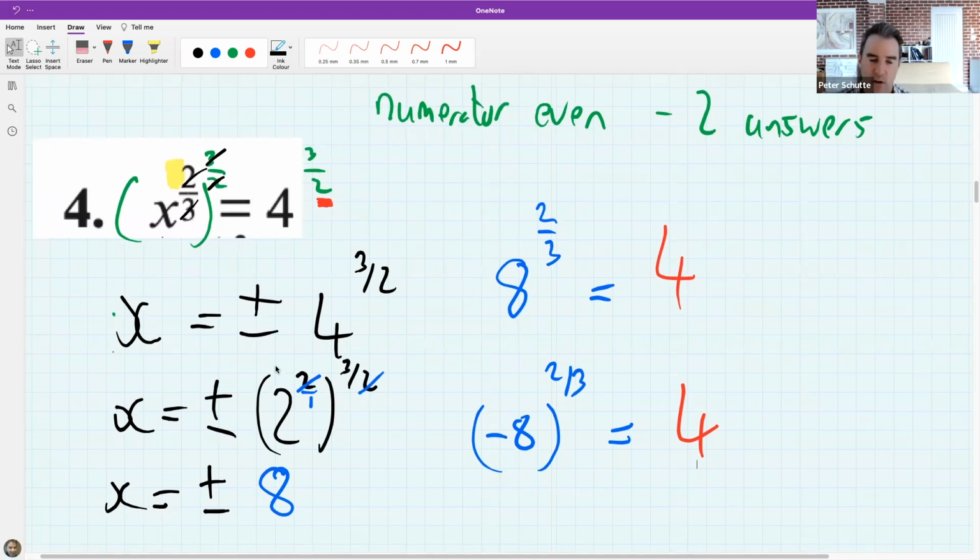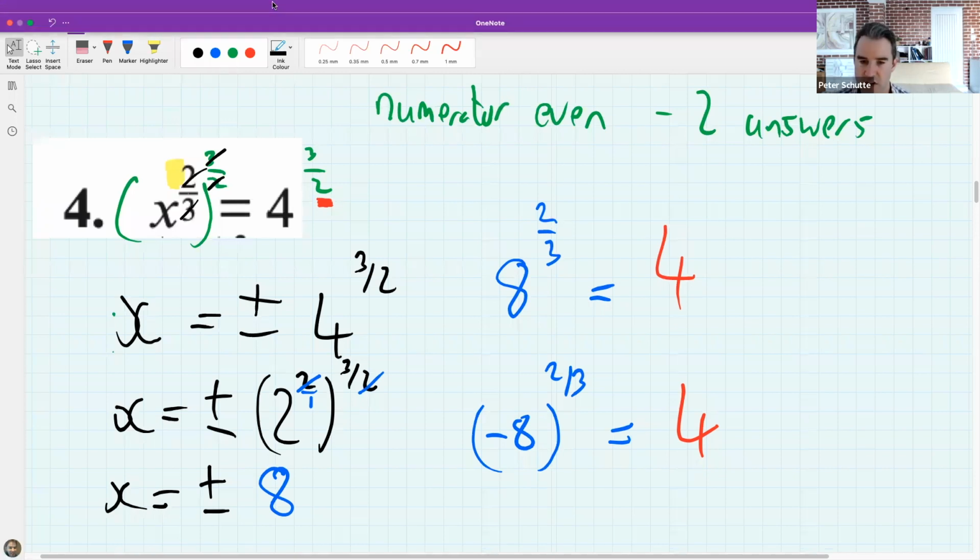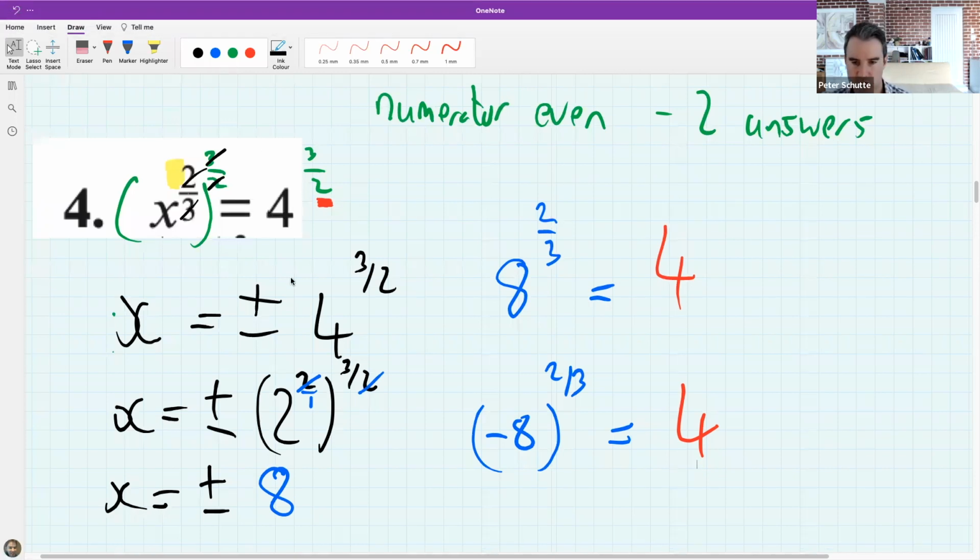Now, we're going to do another example now, but I just want to give you a chance to take a screenshot before I do this next example. Okay. Awesome.